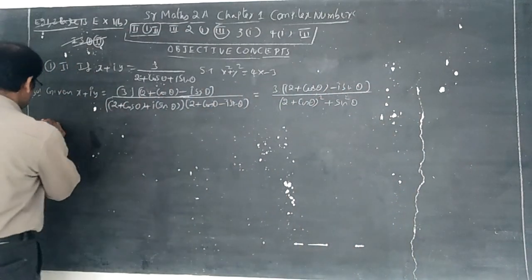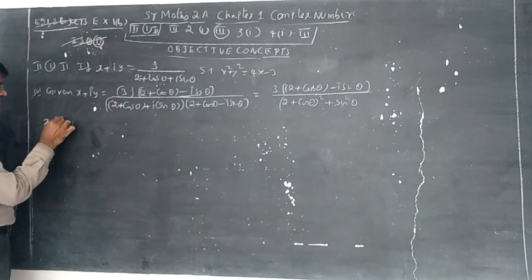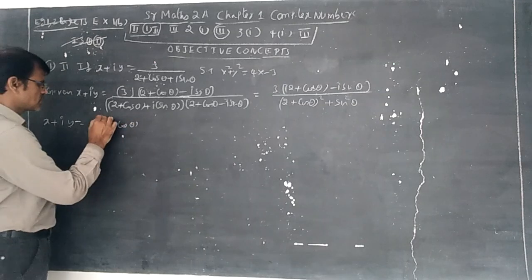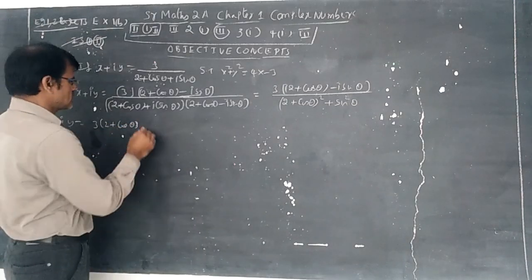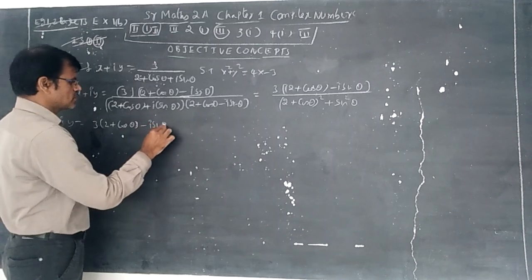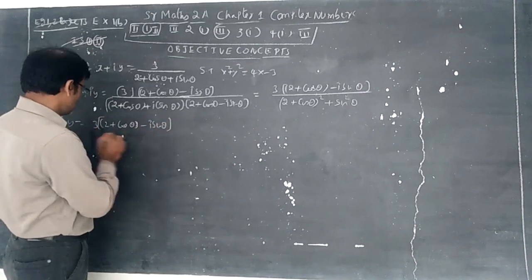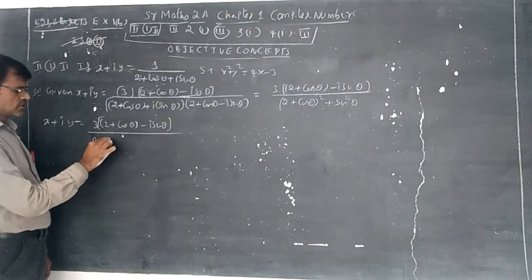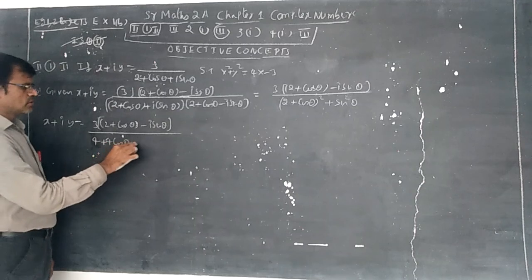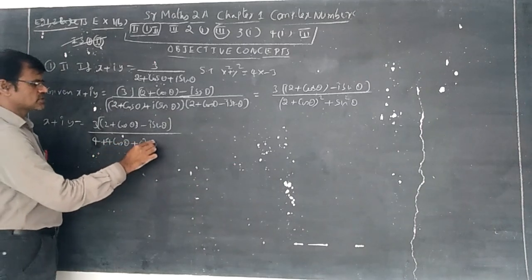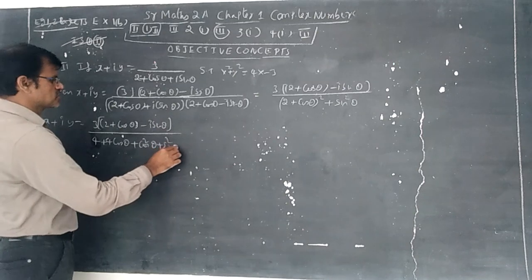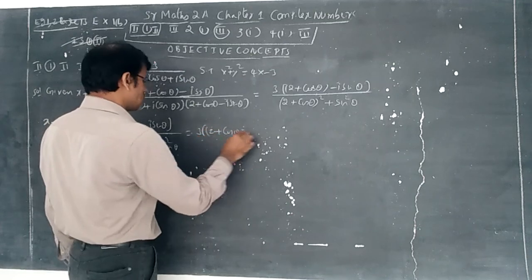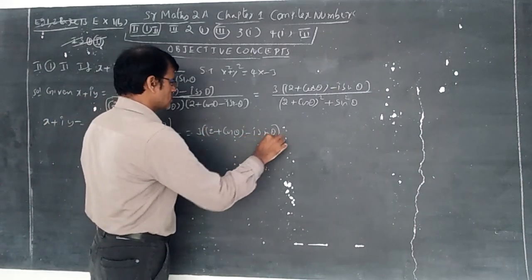That is equal to, here you can write this as x plus iy is equal to 3 into (2 plus cos theta minus i sin theta) whole by, expand this one, this is 4 plus 4 cos theta plus cos square theta plus sin square theta.